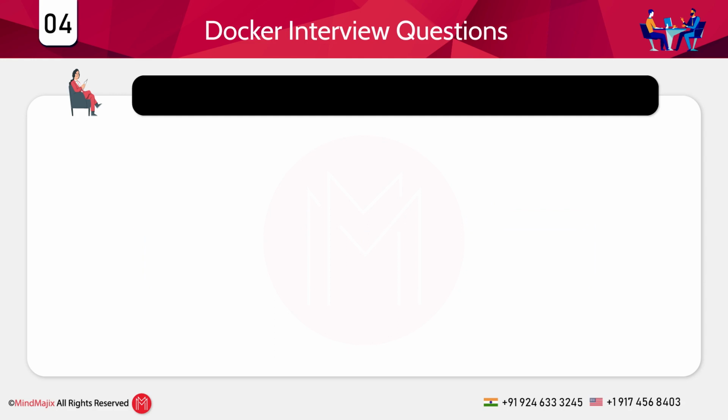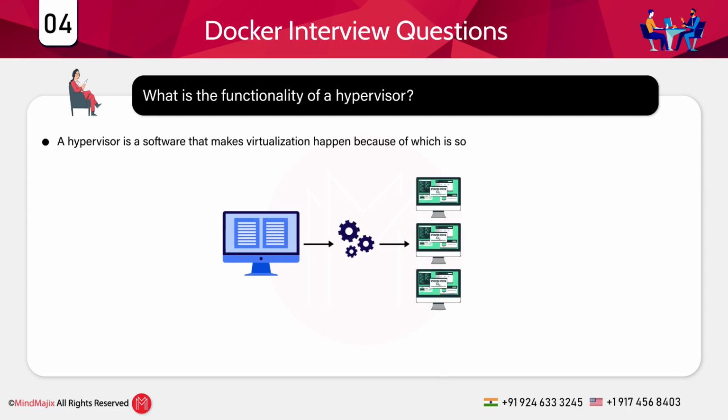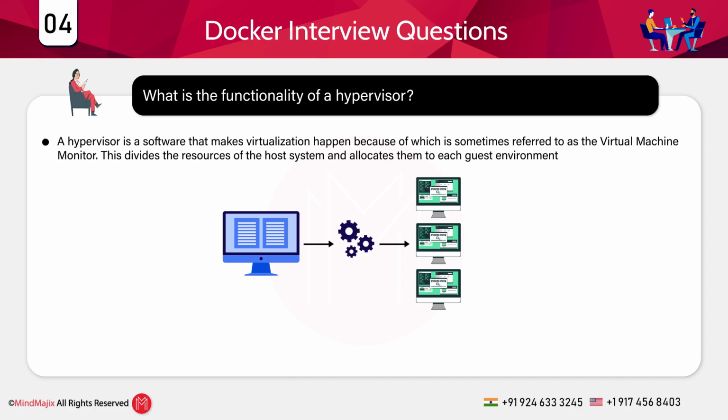The fourth question is, what is the functionality of a hypervisor? A hypervisor is software that makes virtualization happen, which is why it is sometimes referred to as a virtual machine monitor. It divides the resources of the host system and allocates them to each guest environment installed.